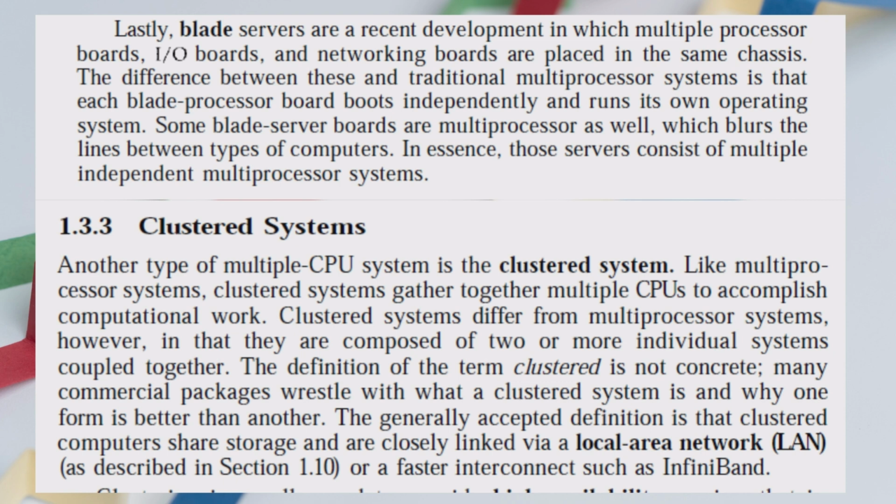The definition of the term cluster is not concrete. Many commercial packages wrestle with what a cluster system is and why one form is better than another. The generally accepted definition is that clustered computers share storage and are closely linked via a local area network or a faster interconnect such as InfiniBand.